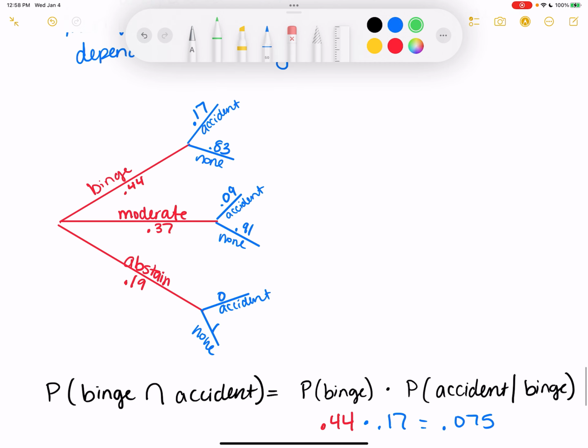And so if we wanted to find the totals for all of them, that's basically what we're doing. We would just multiply all the way across and get the value for the probability that both of these things occur. So if we were going to do binge and that there was no accident, all we're doing is multiplying 0.44 times 0.83. And I have all these multiplied out, so I'll show you what they are. But 0.365, then 0.033, 0.337, and then 0 and 0.19.